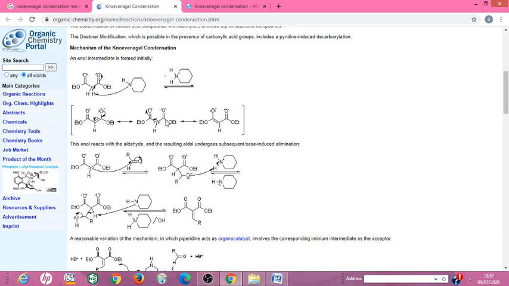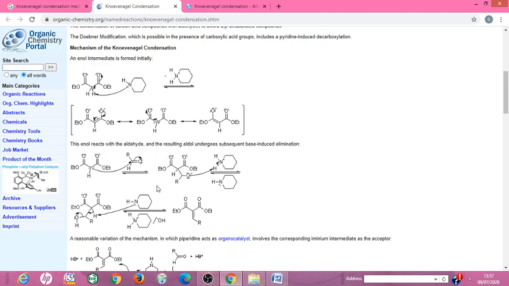Step second is the nucleophilic addition of the carbanion on the carbonyl carbon of the aldehyde. This is the carbonyl carbon of the aldehyde. The nucleophilic addition of the carbanion on the carbonyl carbon of the aldehyde forms a negatively charged oxygen atom.